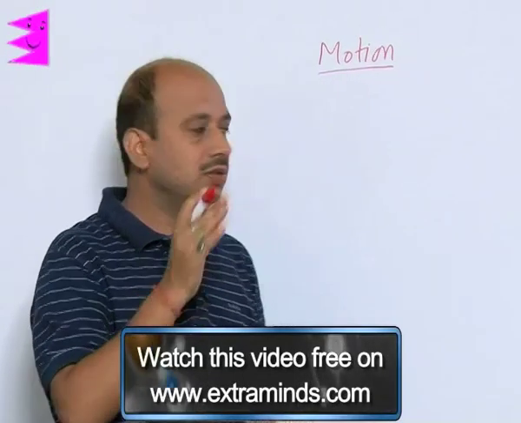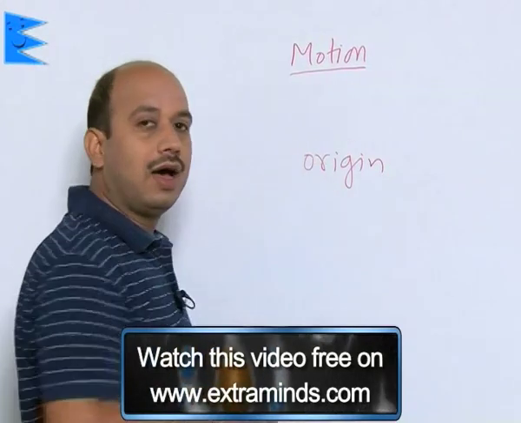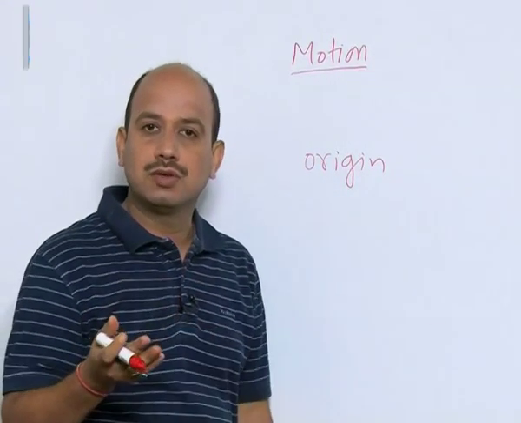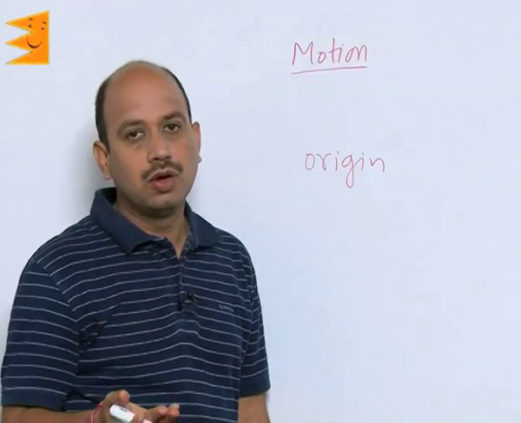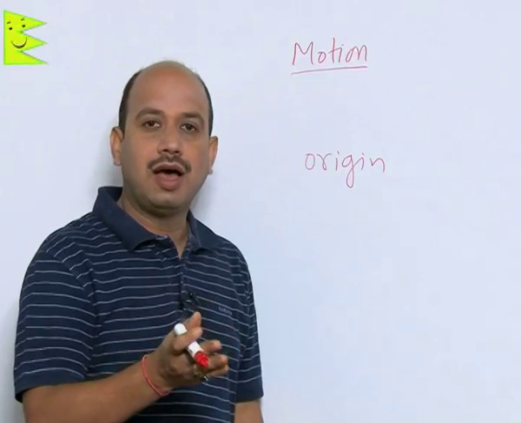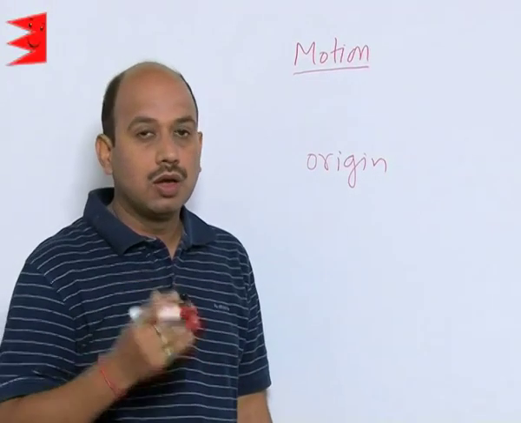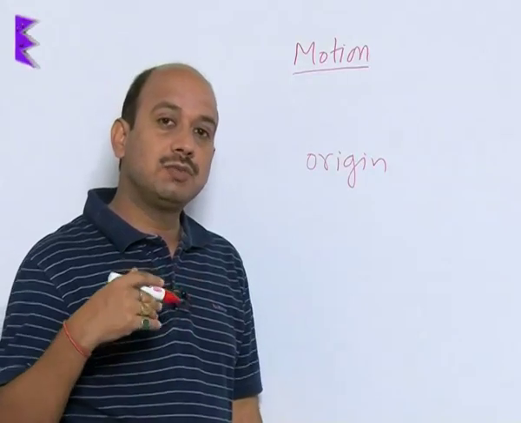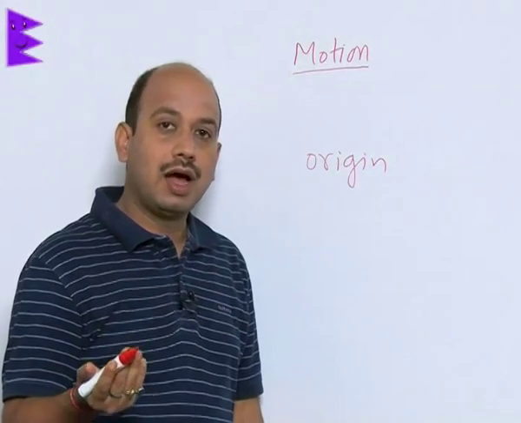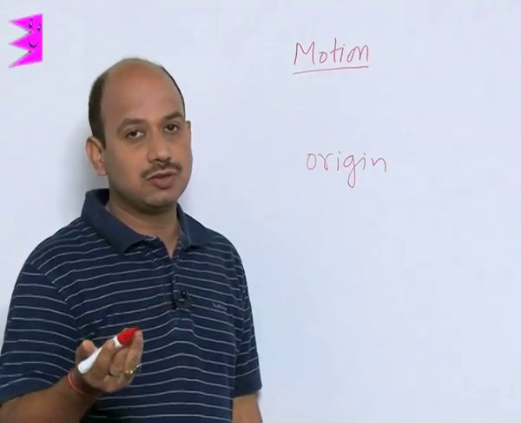You can consider your position as origin, that is actually called the reference point, and then find the position of that person who is moving around you at different times. Now, when that fellow is not changing his position with time with respect to you, then you can say that person is at rest with respect to you.